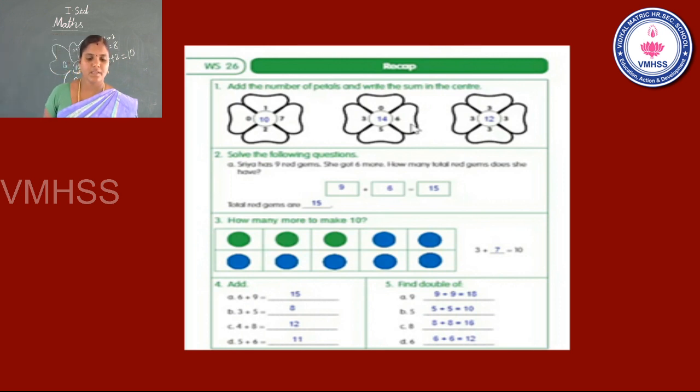Next, 3 plus 3 is equal to, what is the answer? 3 plus 3 is equal to 6. Okay. Give the answer and add the second number. 6 plus 3: 6, 7, 8, 9.